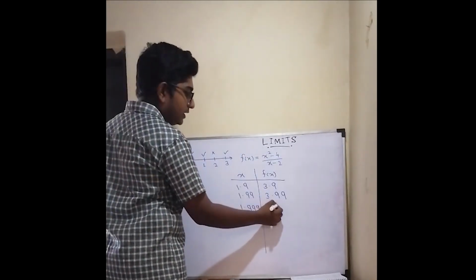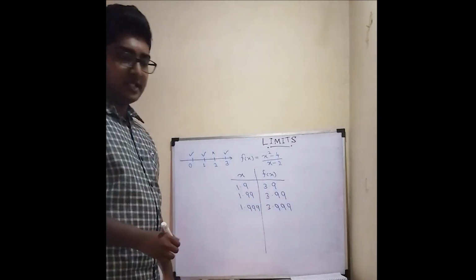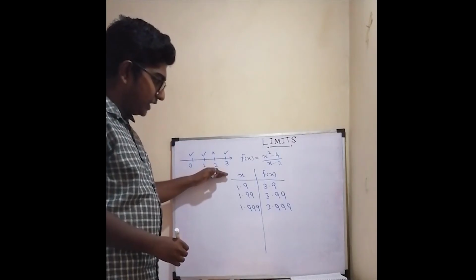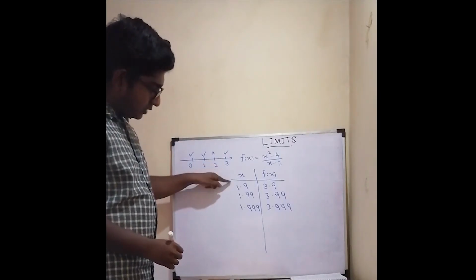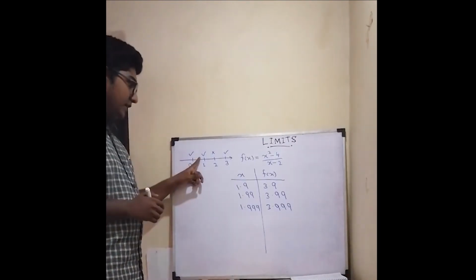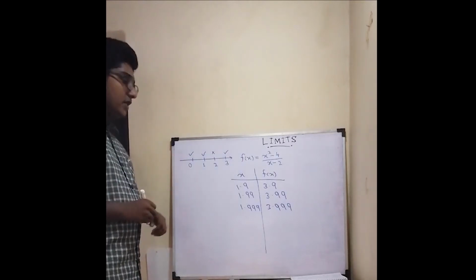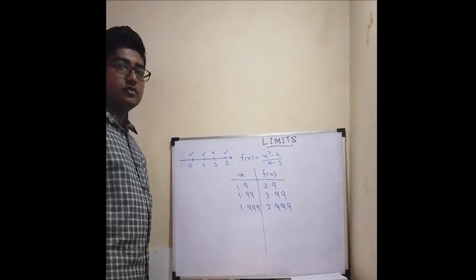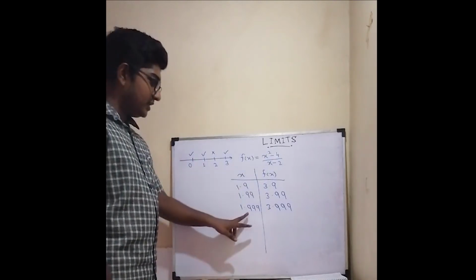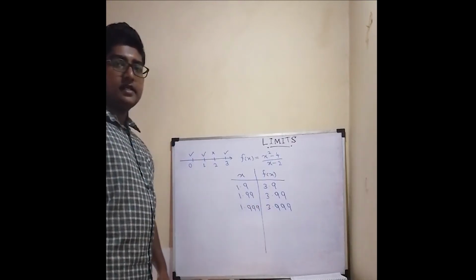Then we have 3.999. You can check this using a calculator. So when the value of x is getting closer to 2, you can see 1.9, 1.99 is even greater than 1.9 and very close to 2. Then you have 3.9. And going further, 1.999, then you have 3.999.